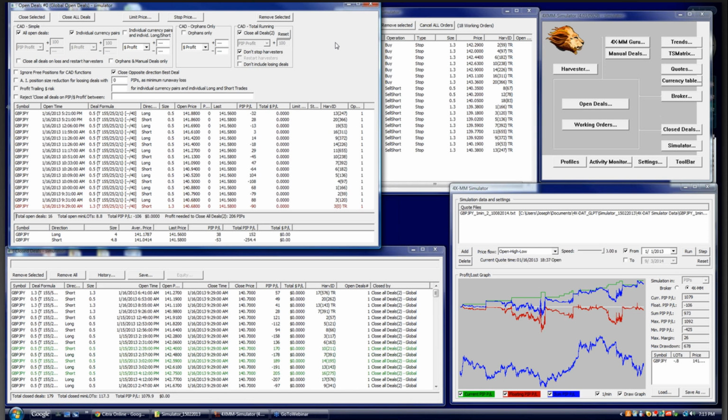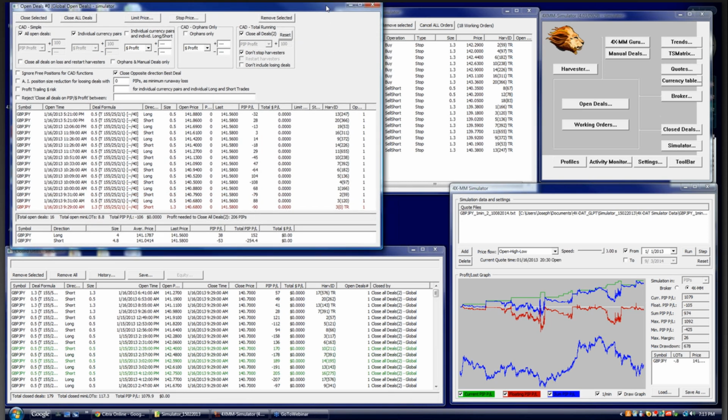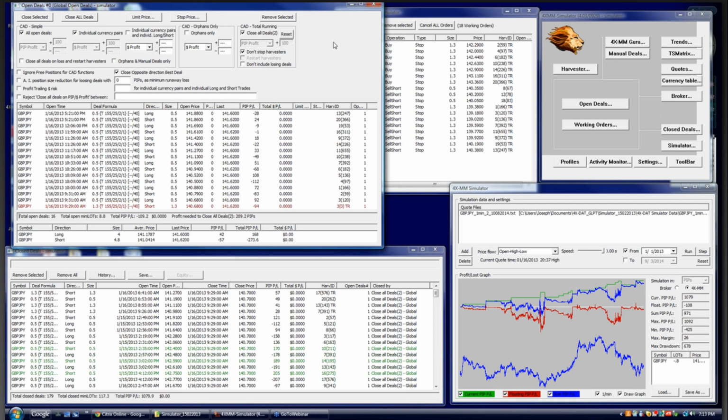So this is not something that it adjusts automatically. We have not installed that function yet. Not that we couldn't, but it's up to the person to tell us, hey, I want to go a little faster because I have more money available.